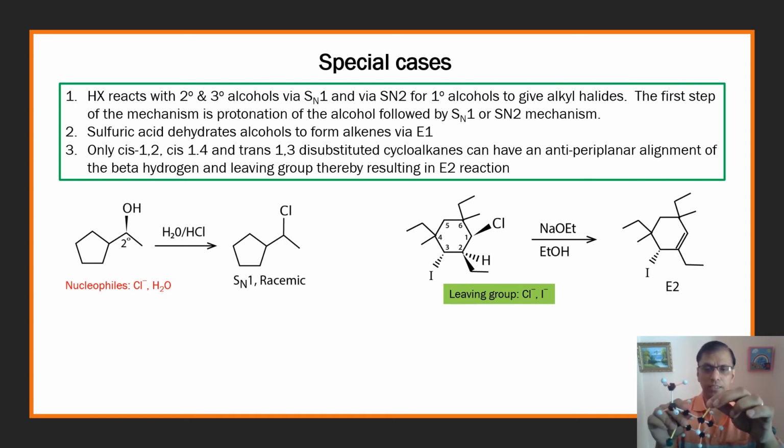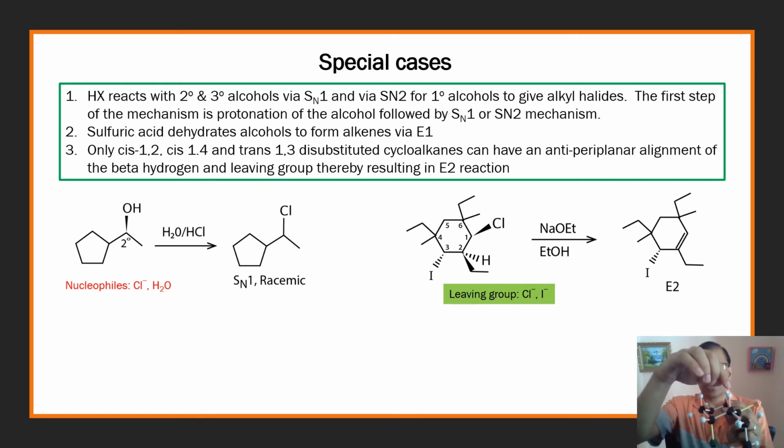This is iodide, and this is the hydrogen on the carbon atom, and this is the ethyl group, and this is the beta carbon with the beta hydrogen right here, and then you have the chloride. So you can see from this model that the chloride is anti, or in the opposite direction, of the beta proton. This is the beta proton.